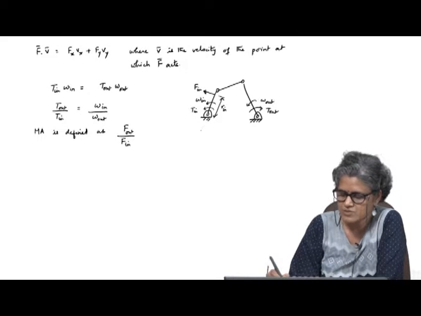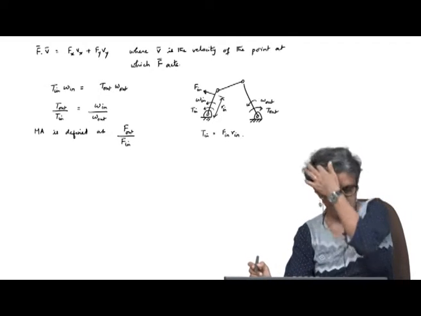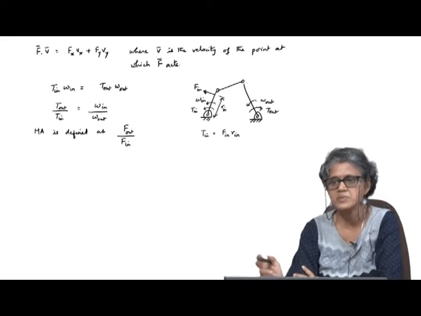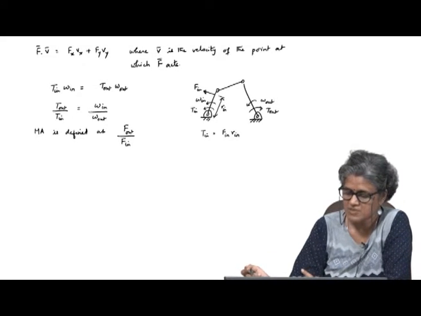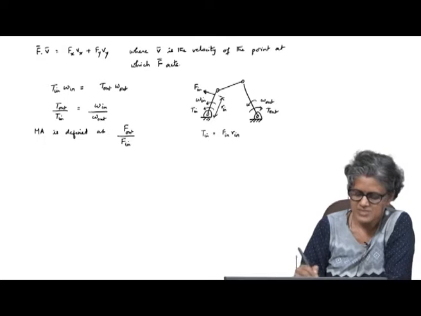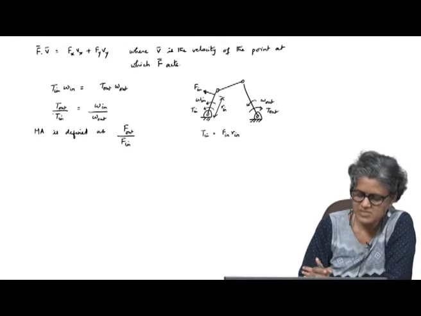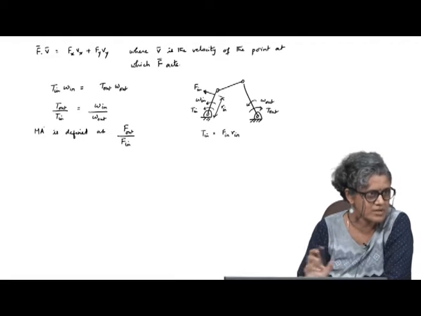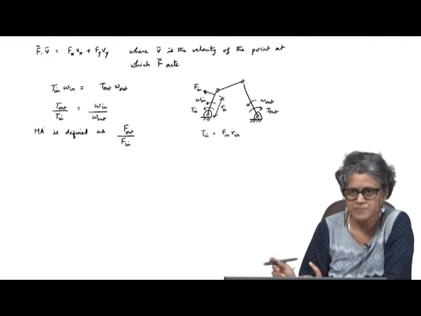T in will be F in R in, in vectorial form R cross F, but here, assuming this is perpendicular, F in R. Sometimes in the case of linkages it may also be defined as T out by T in, if you are interested in the torque itself.